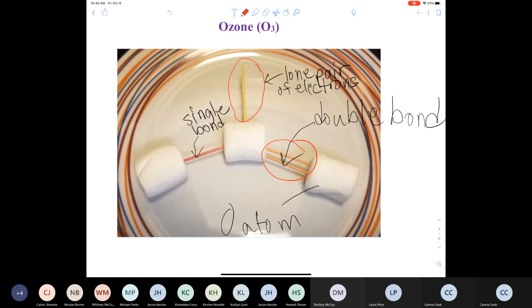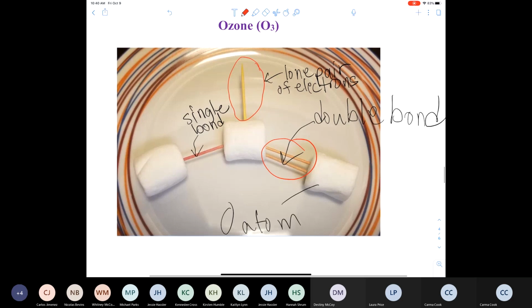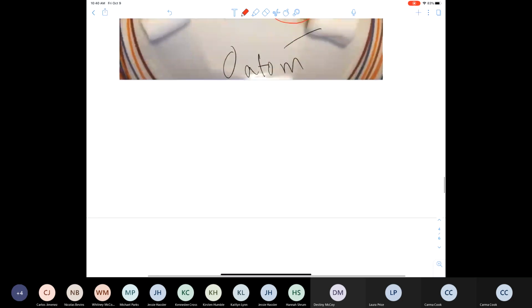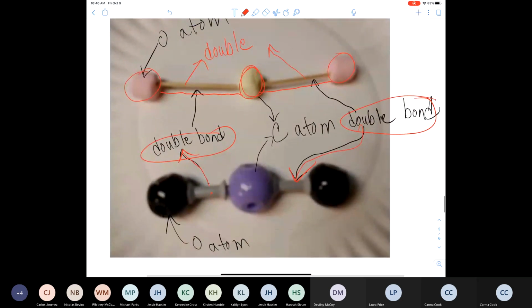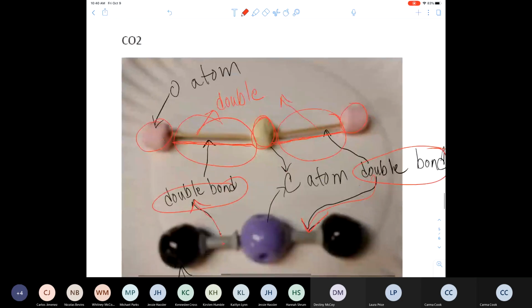Oh, okay. Extra step. But no, you don't have to do the two sticks. It is okay if you do. So yes, there is a double bond between the carbon and the oxygens in CO2.